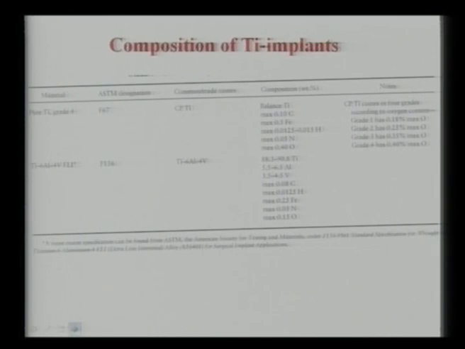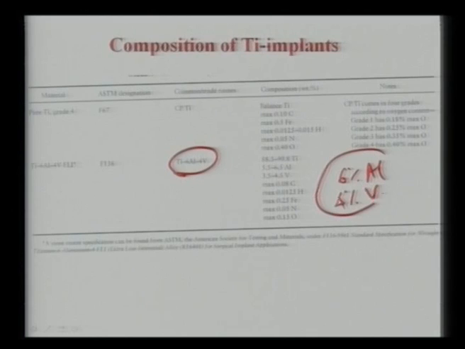Now one of the very well known titanium grades which is widely used is titanium 6 aluminum 4 vanadium. This Ti6Al4V is widely used; as the composition suggests, it has roughly 6% aluminum and roughly 4% vanadium, and the rest is mostly other alloying elements like carbon and so on, in very small amounts, and the rest is titanium.